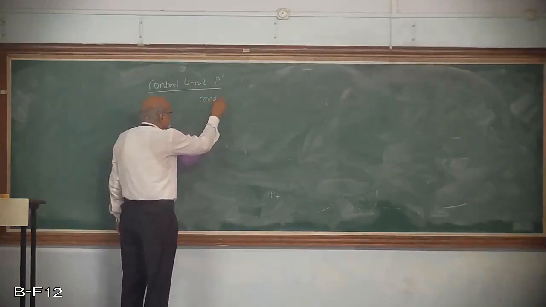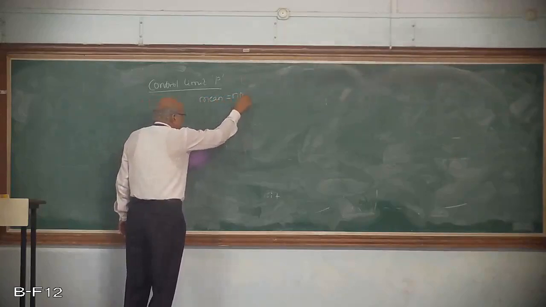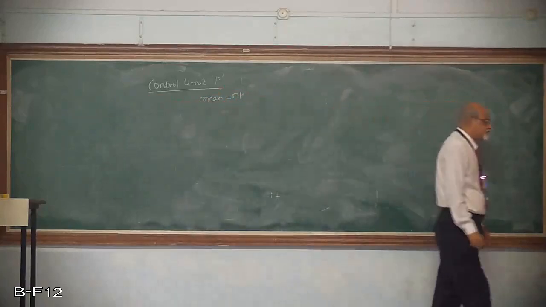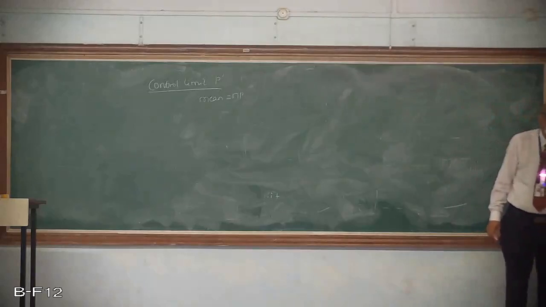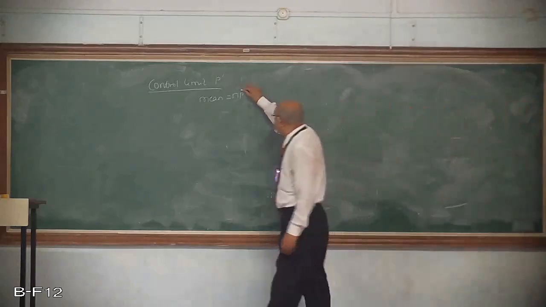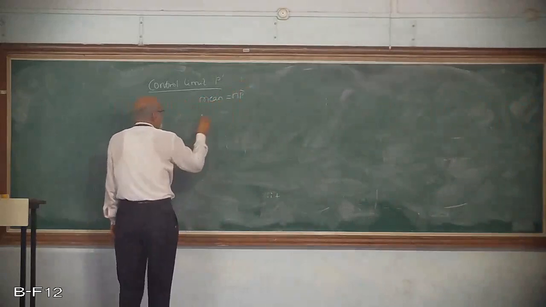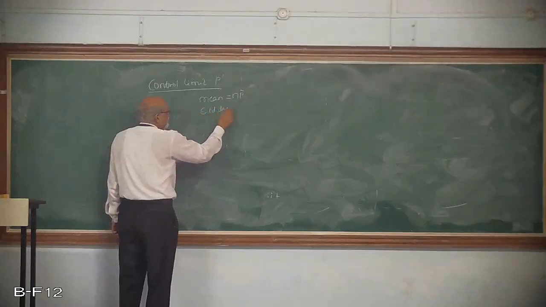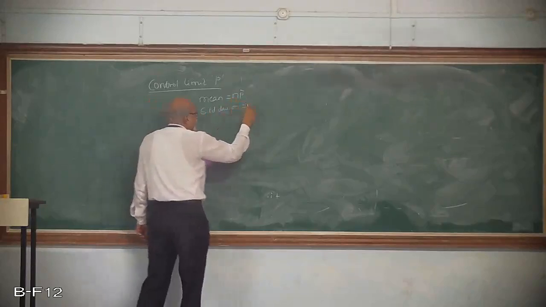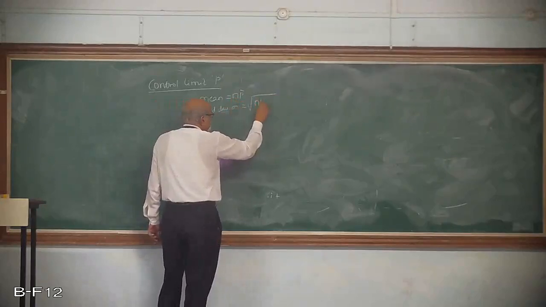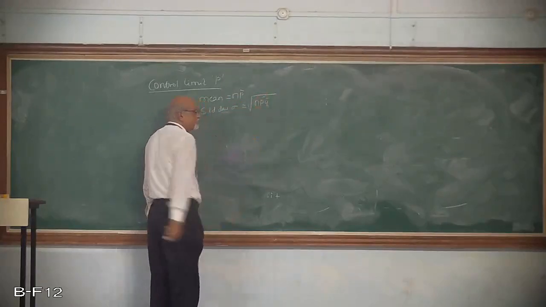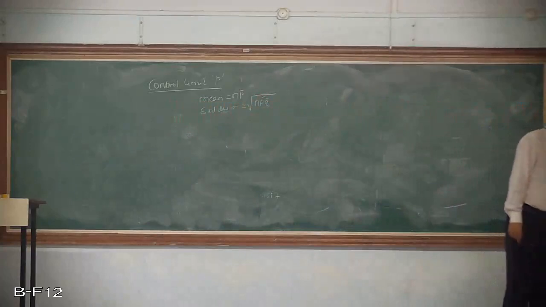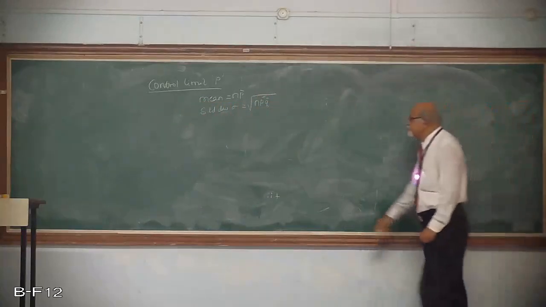We know that it is equal to NP. Okay, if P itself is the average value, then it will become P bar. For this one, the standard deviation, that is sigma, is given by the square root of NP bar Q bar. But when we talk about the P chart, now we are getting NP bar.